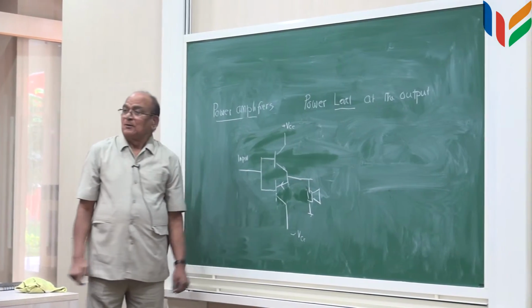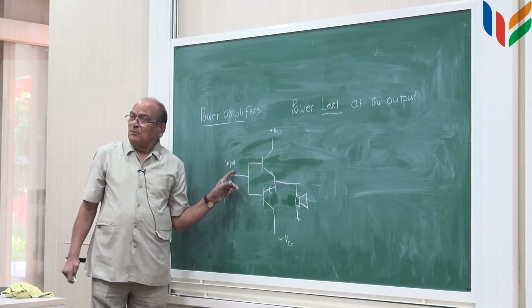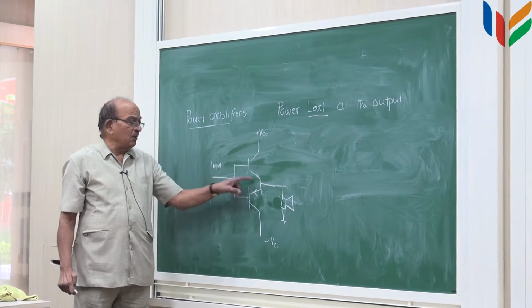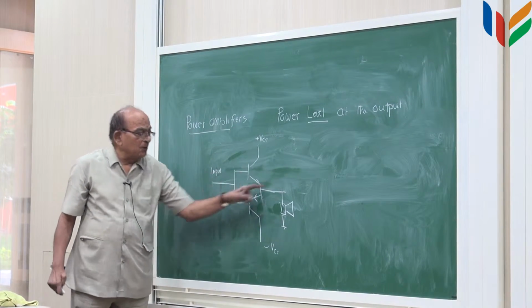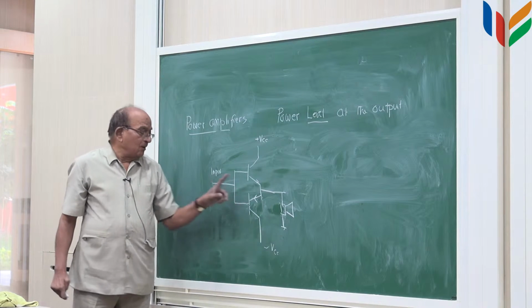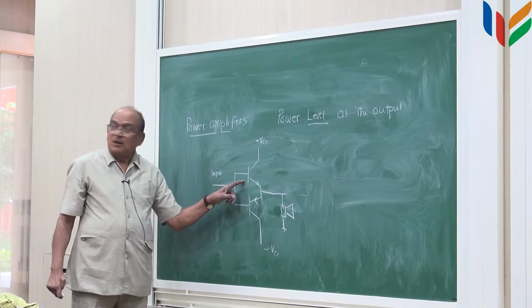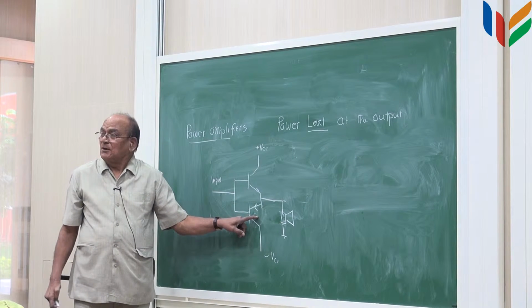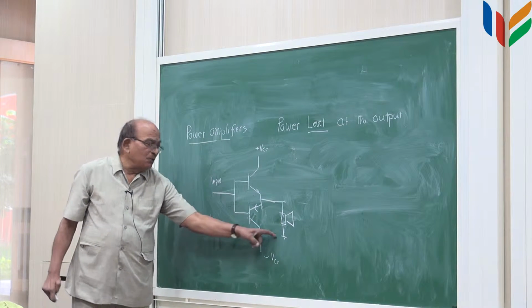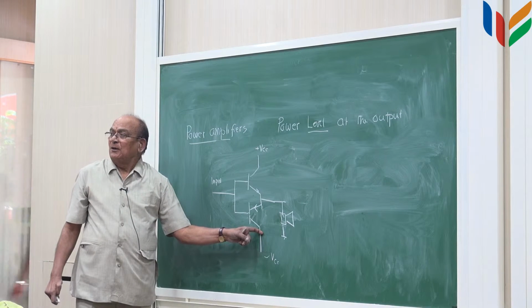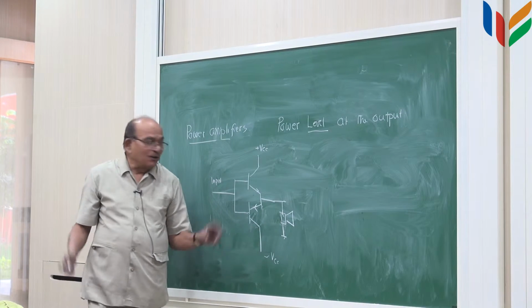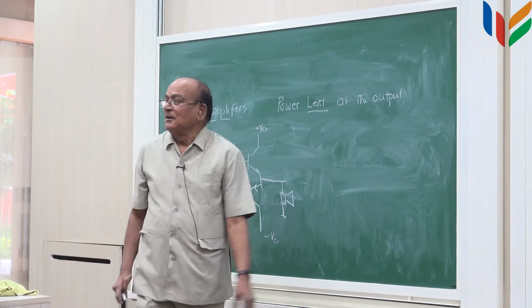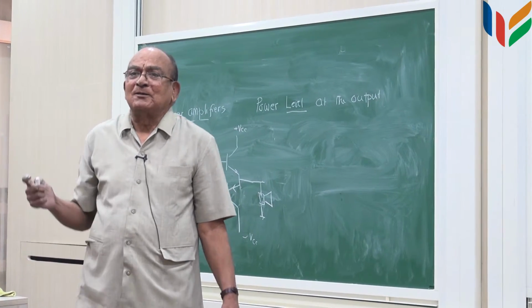Now see what happens. When this is positive half cycle, this will conduct. So it will give you current through this like this. When this is negative, this will not conduct, and this will conduct now because it is a PNP transistor. This will conduct and give you current in this manner. So the minusing automatically took place by the PNP NPN combination.